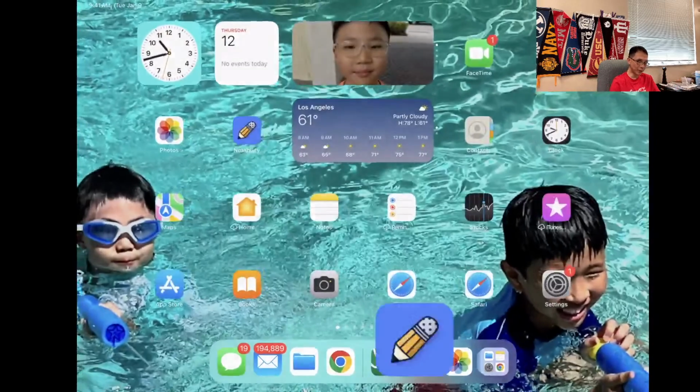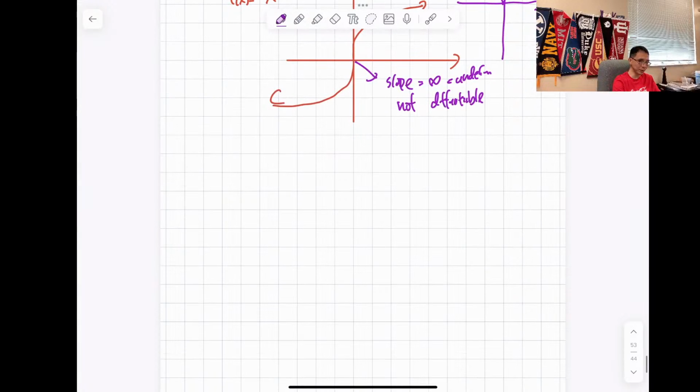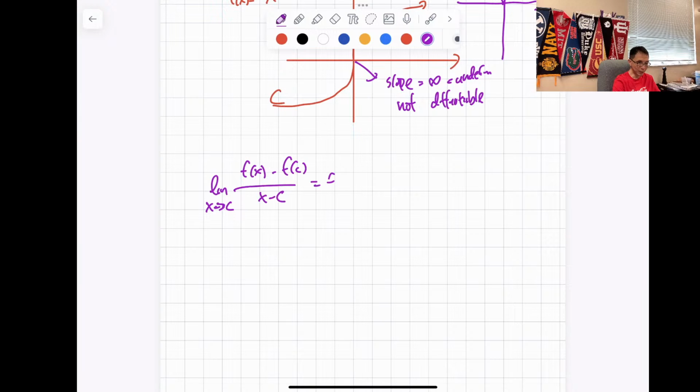And the reason why it's like this, if I use the definition of the derivative, because right now I don't know how to use the power rule yet. If I use the definition of the derivative, it's the limit as h approaches 0, not h, as x approaches c, of f of x minus f of c over x minus c. This is f prime of c. Do you guys remember this?